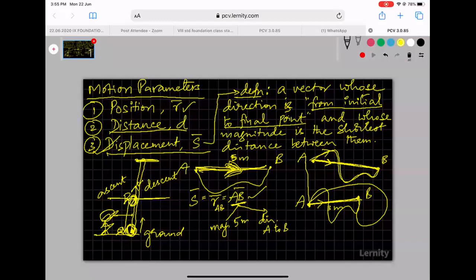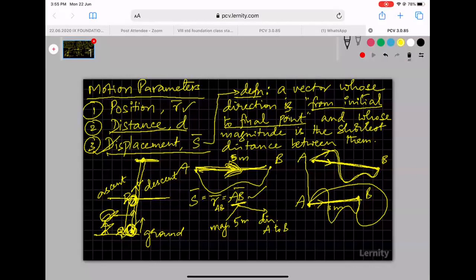You're only studying the motion up to that. When it reaches the topmost point, the direction of displacement is upwards because it is above the initial point.